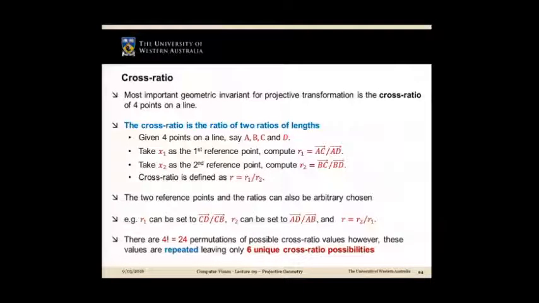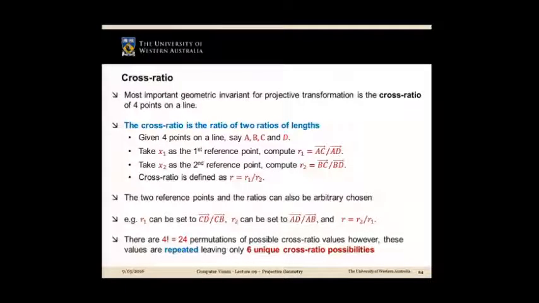Then you take another point, say point B, and you measure the distance from point B to point C, and point B to point D, and you take the ratio of that distance. And then cross ratio is the ratio of the ratios. Ratios can change in the image, but the ratios of ratios don't. That's why we say cross ratio is an invariant property, because the ratio of the ratios doesn't change.